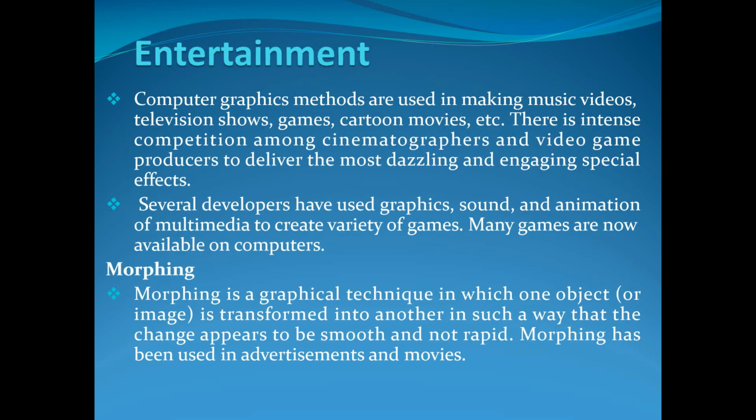Nowadays, computers are being used to create realistic special effects through digital imaging, rendering, animation, morphing, superimposition, replacement and background sound. Morphing, what is morphing? Morphing is a graphical technique in which one object is transformed into another. Morphing is commonly used in advertisements and movies.